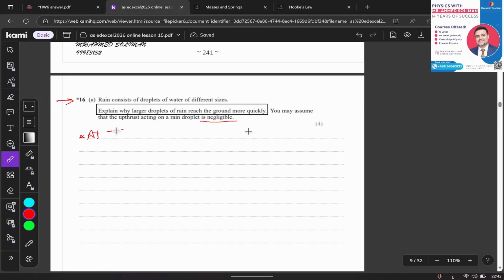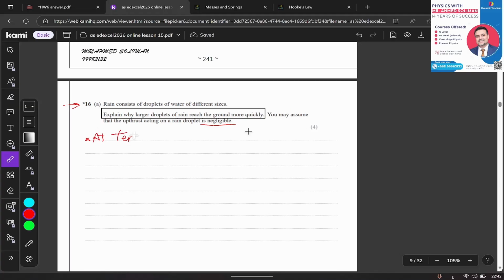At terminal velocity. F net equals 0, right? Right. What does it mean? Weight equals drag force, right? Right.